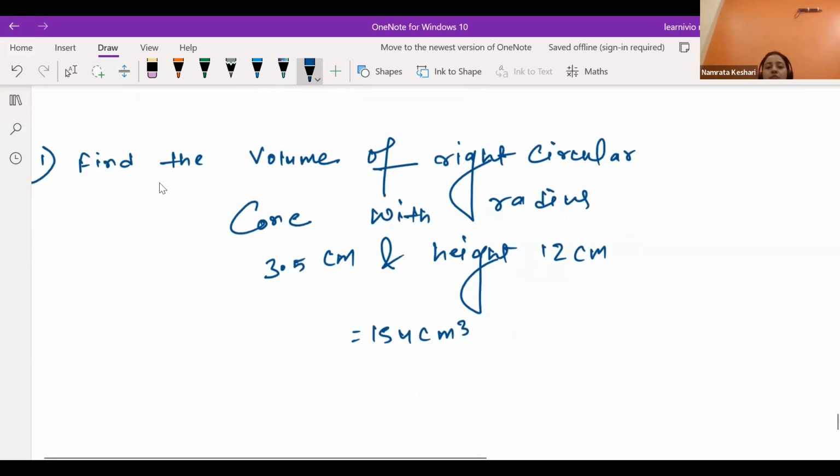Sarah, Anam, have you solved it? The volume formula was 1/3 pi r square h. This is the formula you need to use over here. Radius is given, height is given, pi is 22/7. Please check it. What are you getting?